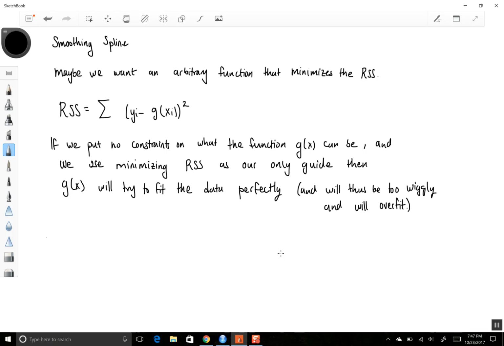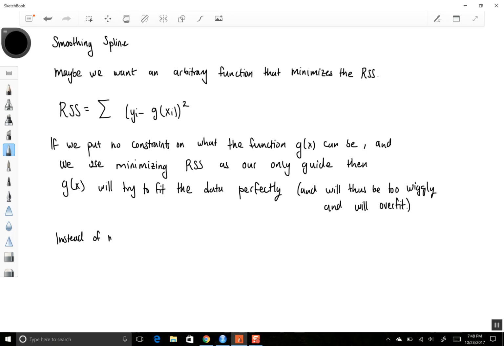So instead of minimizing RSS, we can include a penalty term. This is a common thing: we want to minimize this, but don't go overboard, because we're going to introduce a penalty for making it too complicated.